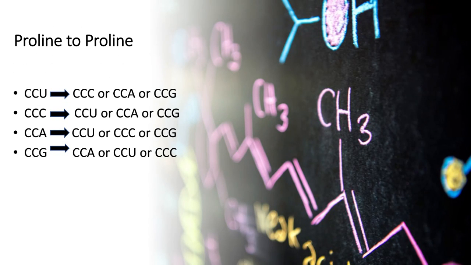For proline, if any of these nucleotides are changed, it would still stay proline. If you look there, CCU, CCC, CCA, and CCG all make proline. If you change the third nucleotide from U to C or A or G, it's still proline.